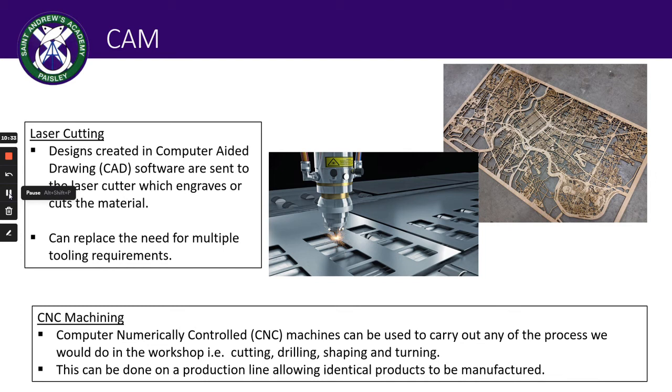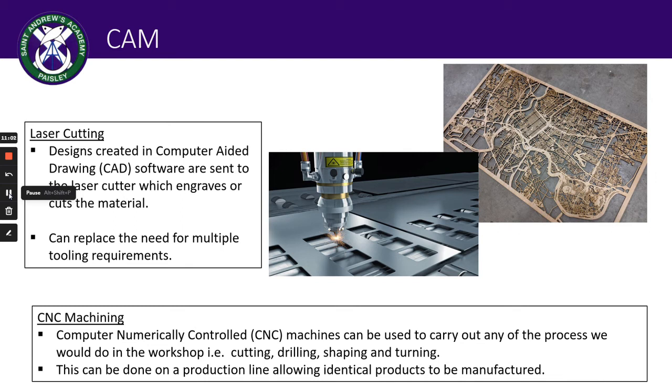The CNC machining. So the CNC stands for Computer Numerically Controlled Machines. And the best way to think about this is that any of the processes that we do in the workshop, for example, using the pillar drill, the bandsaw, the wood turning lathe, rather than these being carried out manually, it's where a computer is programmed to undertake these tasks automatically.